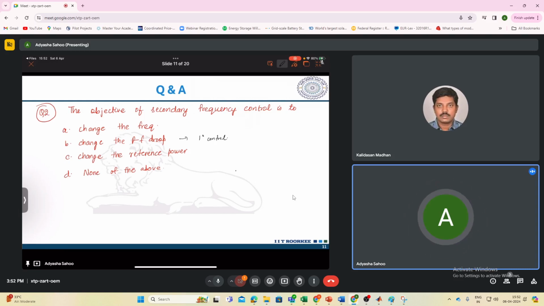So in the secondary control, what you do is basically you change the reference power. The correct option is C.